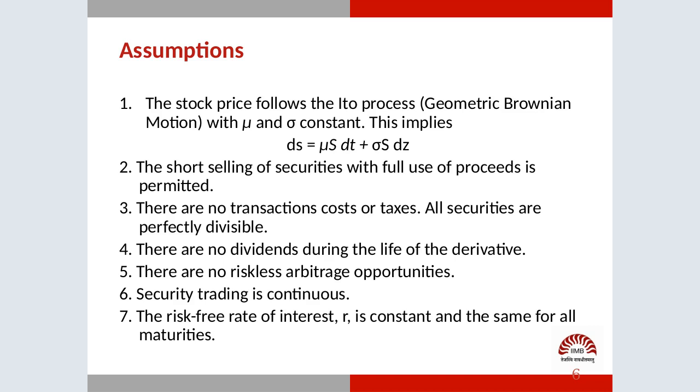The second bit is the interest rate being constant and the same for all maturities. Now, this may not be actually true any longer, because today, if you borrow for 1 month, or for 6 months, or for 1 year, the interest rates are not going to be the same. They are going to be different. When the papers were written and the model was developed, the argument of differential interest rates for different periods was not there, and therefore the assumption was that it is the same for all periods.